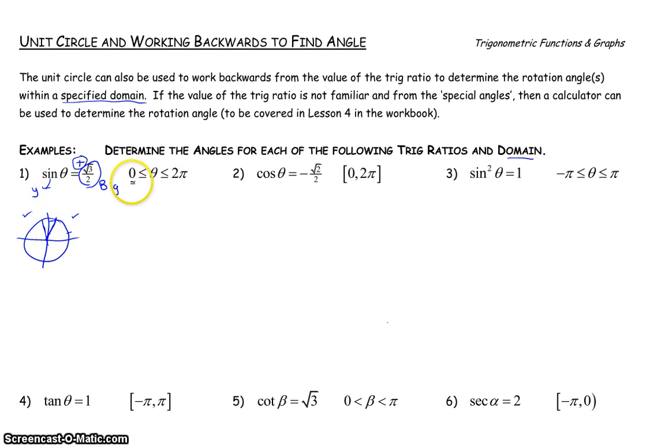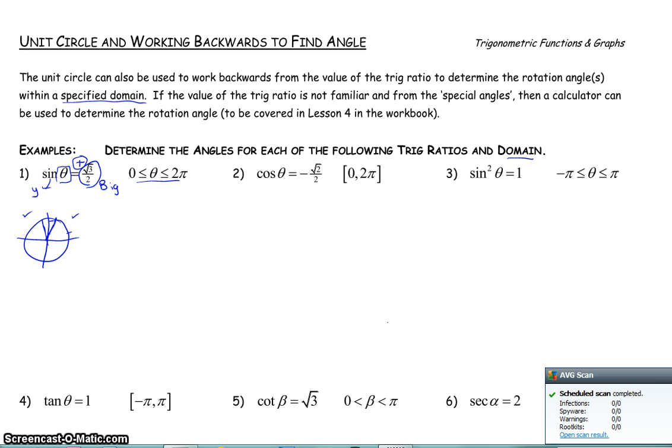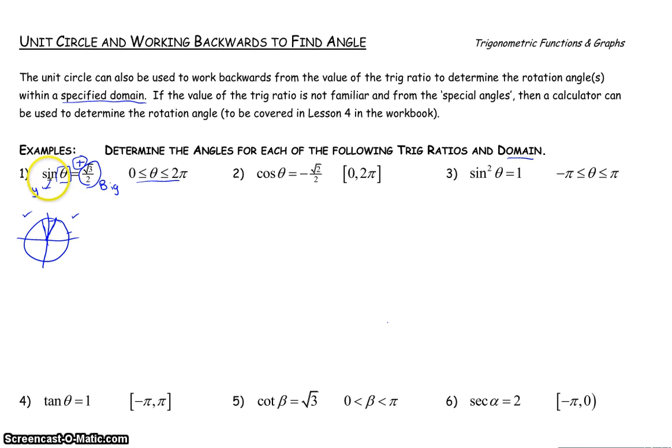When you go to do that, you want to look at your domain to determine how you're going to write that down. And what the angle is called is whatever's inside of our trig function, theta. So we have theta right here, and we'll talk about the other ways we could name that later. So theta equals, if you look at this, we have three denominators that we looked at with the unit circle.